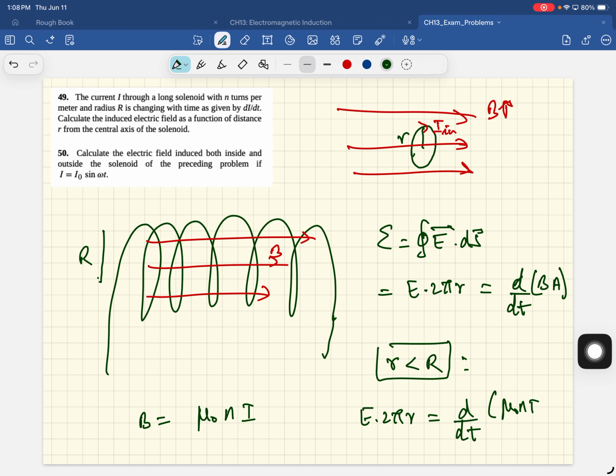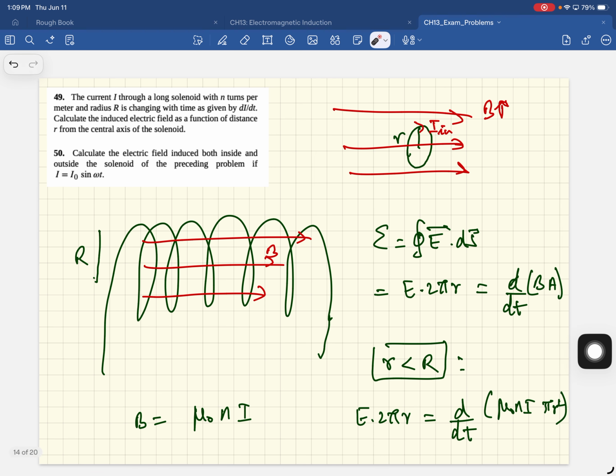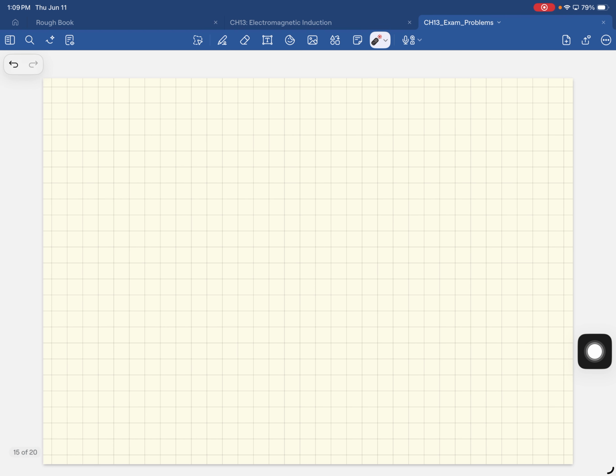Find the electrical current induced in it. Okay, so here is the solenoid. Its radius is 3 centimeters. The loop is 5 centimeters. Resistance is 2 ohms.